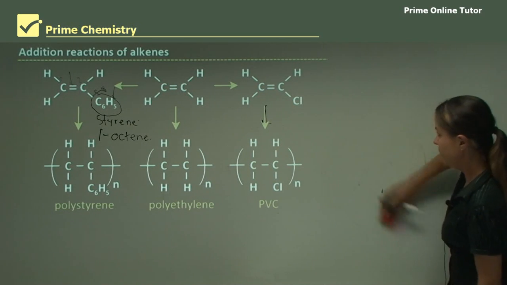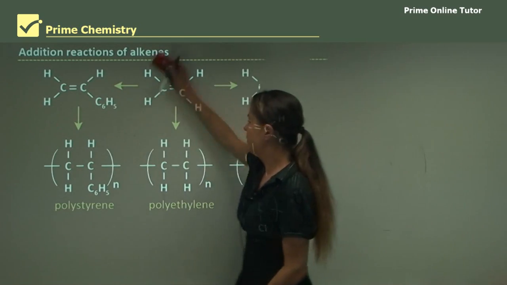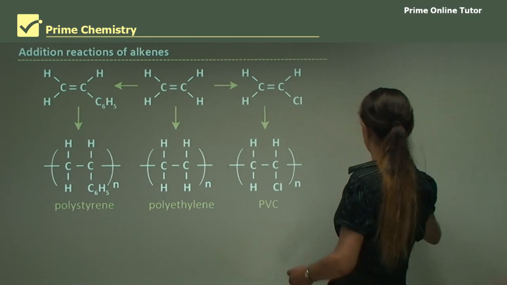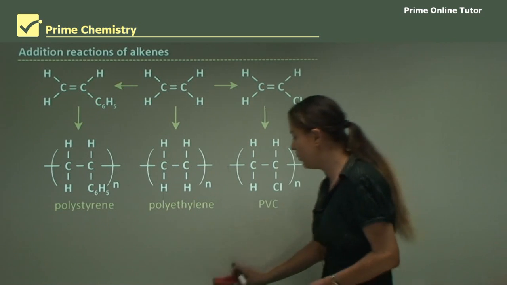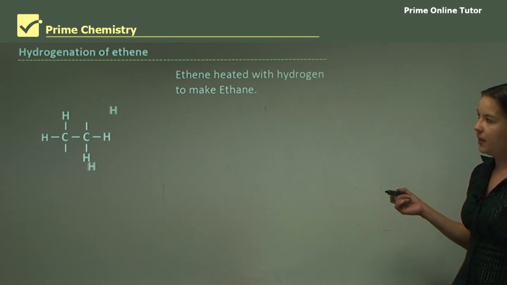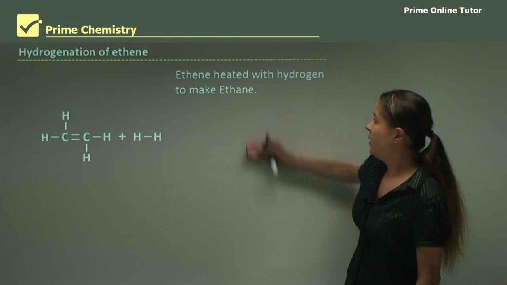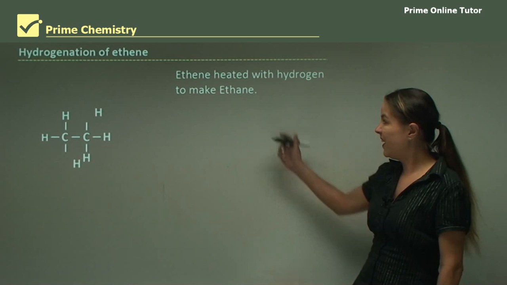So moving on from addition reactions, now just keep in mind that there are hundreds and hundreds, if not thousands, of different addition reactions that you can undergo with alkenes. So let's look at hydrogenation of ethene. What's happening here is we're reacting ethene with hydrogen to make ethane.